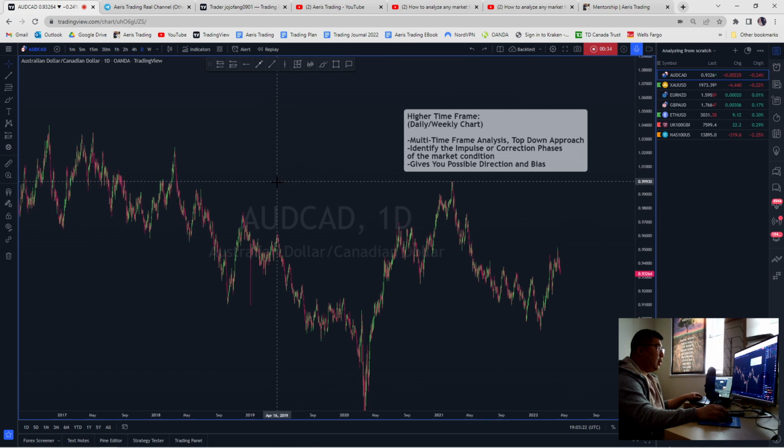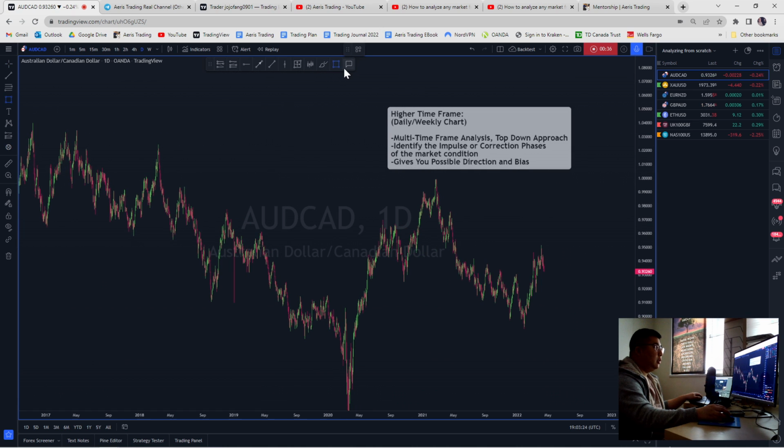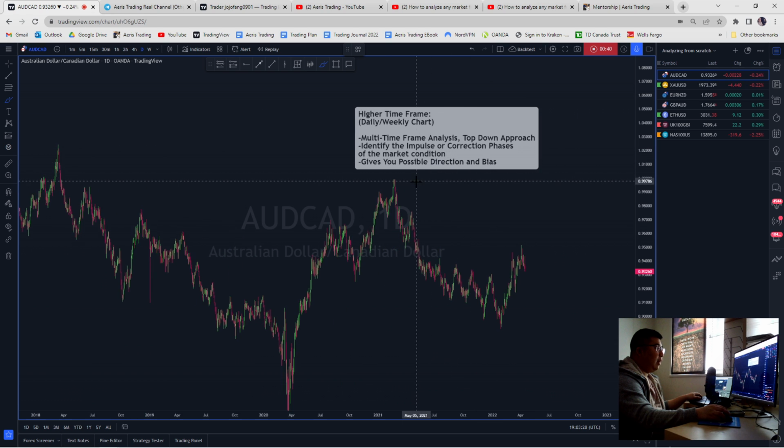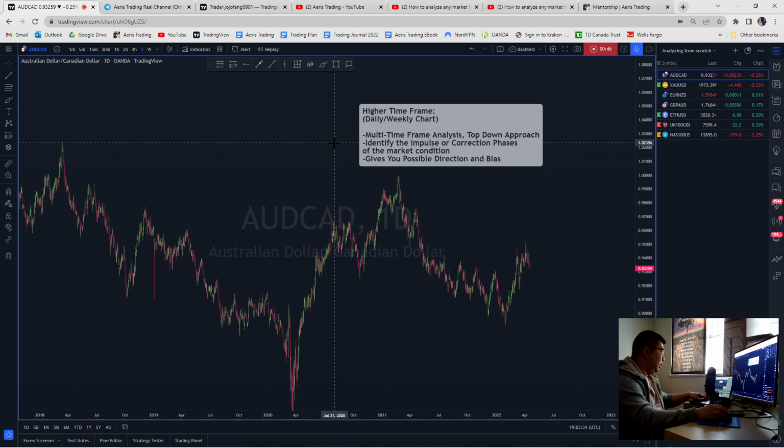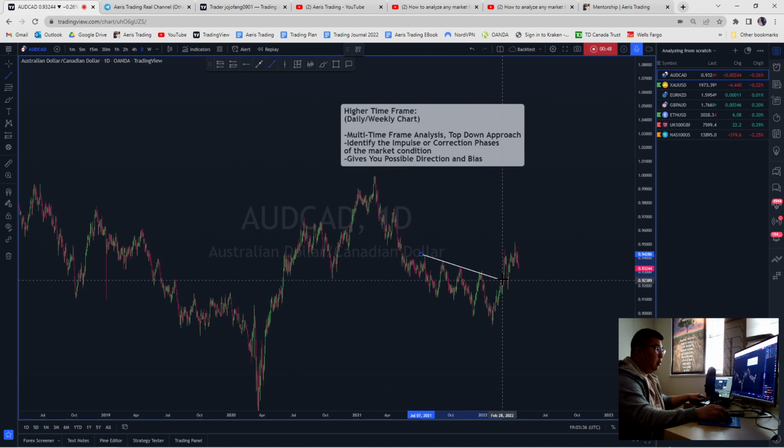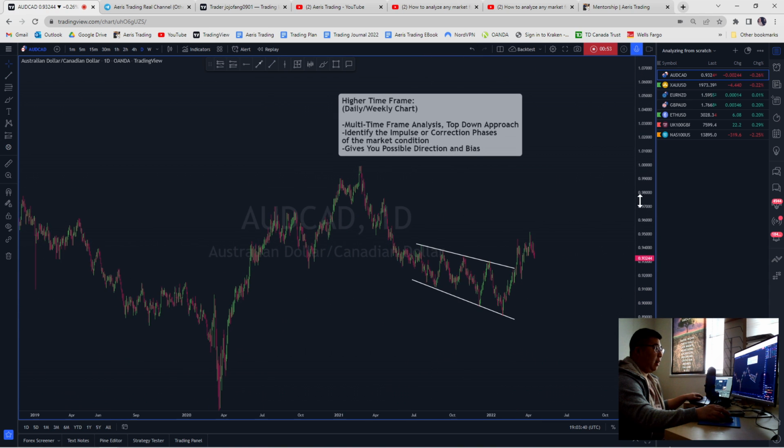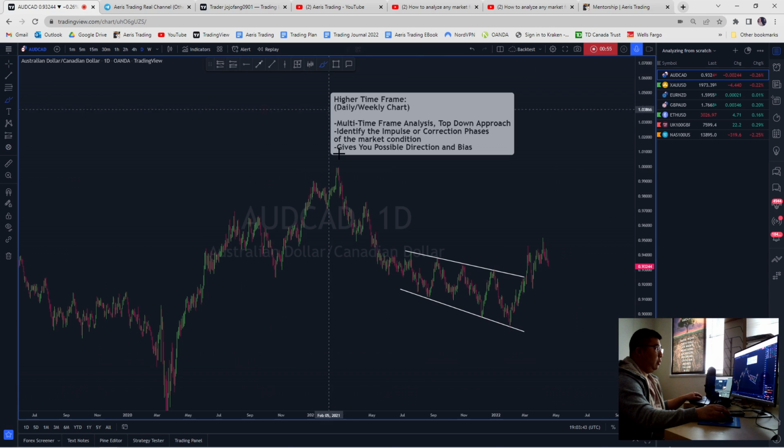So higher time frame, remember, we're looking for a multi-time frame point of view, top-down approach. We're identifying the impulse or the correction phases of the market condition, which gives you possible direction and bias. So remember, we're always going to look for a possible impulse and a possible correction, the latest one in fact, to give you a better understanding where the market is going.